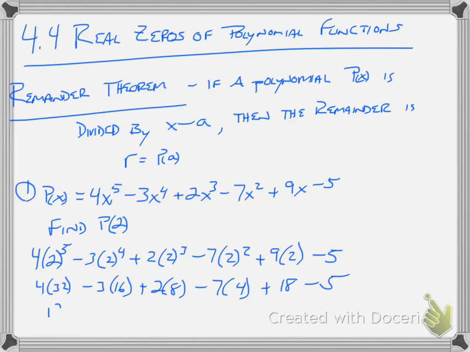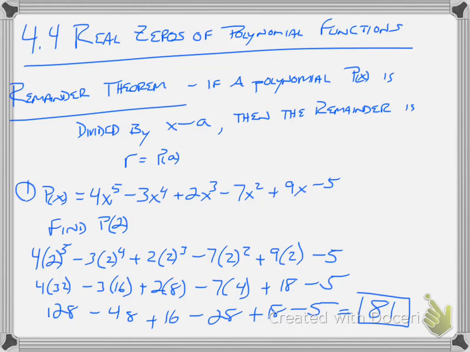This becomes 128 minus 48 plus 16 minus 28 plus 18 minus 5, and if you simplify all that you get 81. Okay, and what the remainder theorem says is that I can do the same problem using synthetic division.